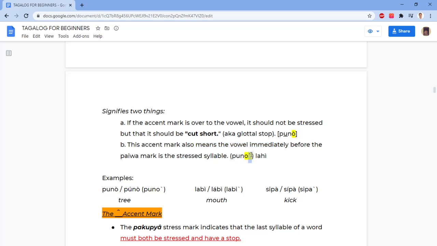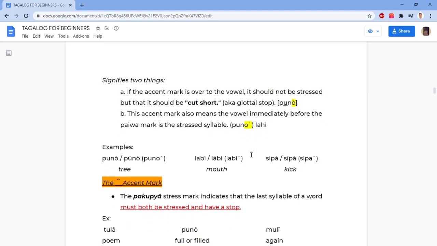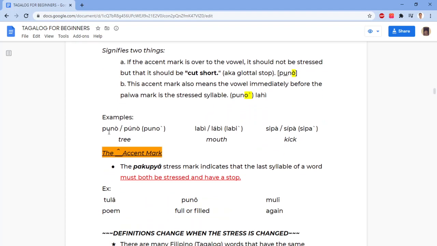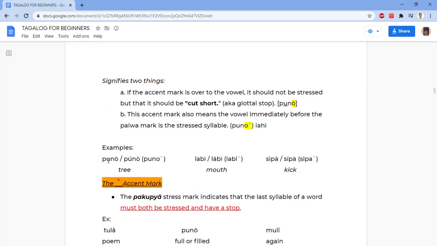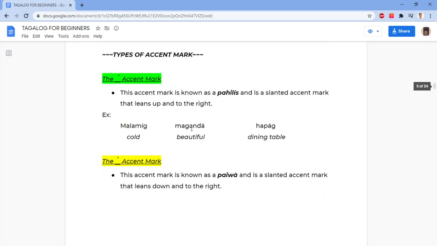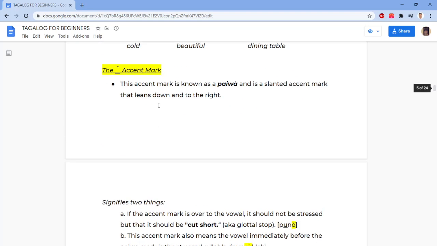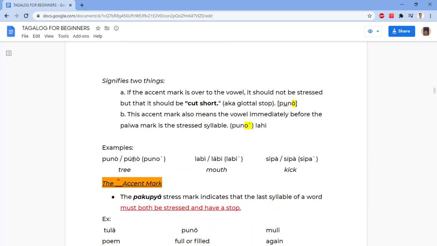And this accent mark also means the vowel immediately before the paiwa mark is the stressed syllable. So this is the ending of this stress mark. Here are the following examples. We apply pahilis, which leans up and to the right. This one leans down and to the right.